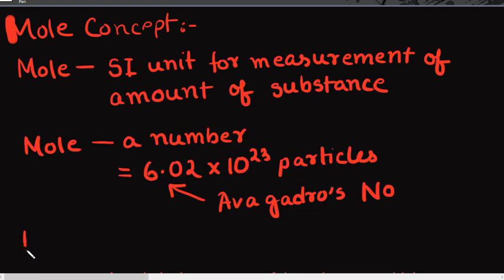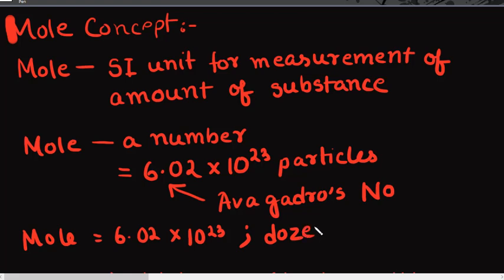So we can say a mole is equal to 6.02 into 10 to the power 23, just like we say a dozen is equal to 12.